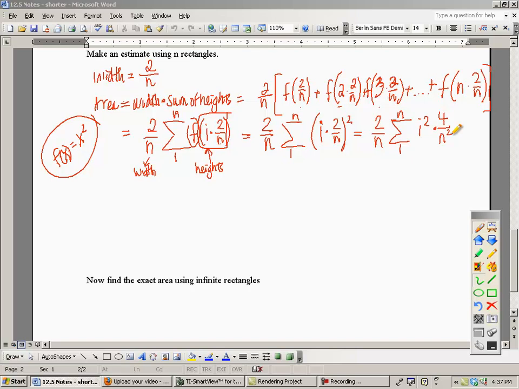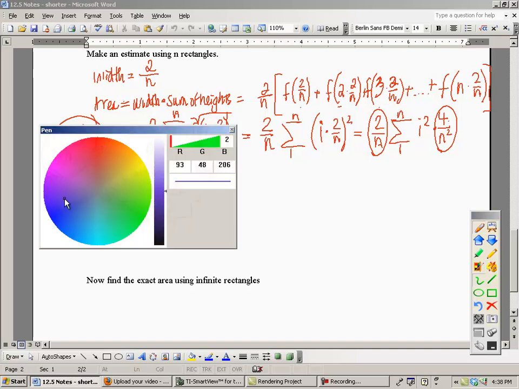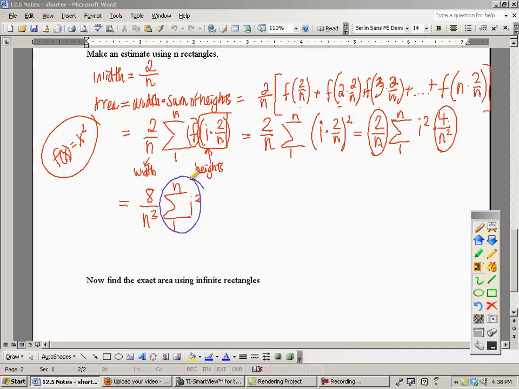Now, what I'm going to do is combine this and this together, and I'm allowed to do that. And so the way it works is if I take 2 times 4, I get 8. n times n squared is n cubed, times the sum from 1 to n of i squared. Now, hopefully, as you're looking at this, you can think back to those summation notations that we had at the top. And so what this really means is I have 8 over n cubed.